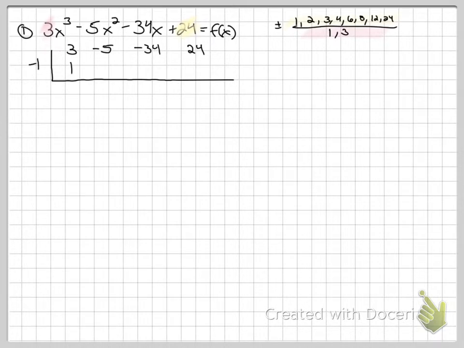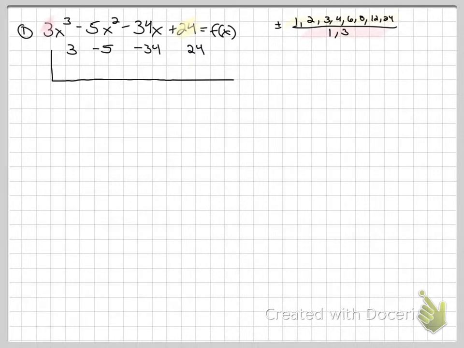So -1. You drop the first number, 3, multiply, -3, add, -8, multiply, 8, add, -26, multiply. It's not going to work. So you can cross it out or you can erase it. You try something. If you don't get remainder 0, it didn't work. Erase it or move on.